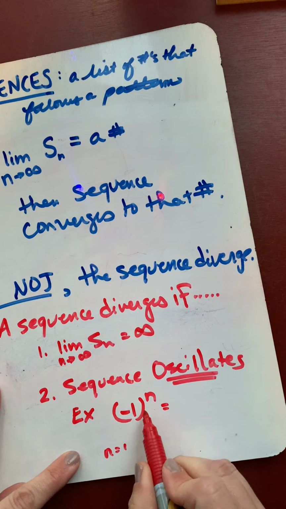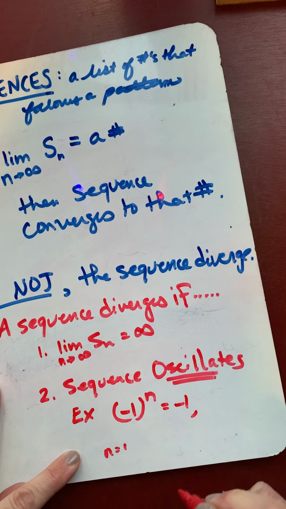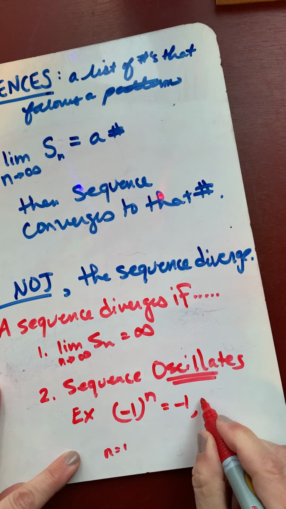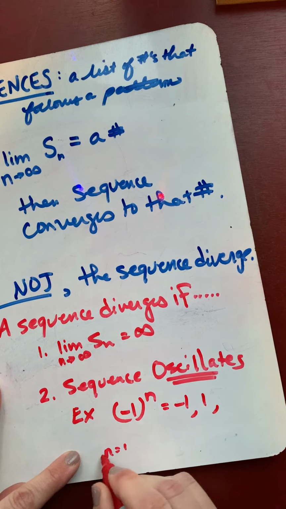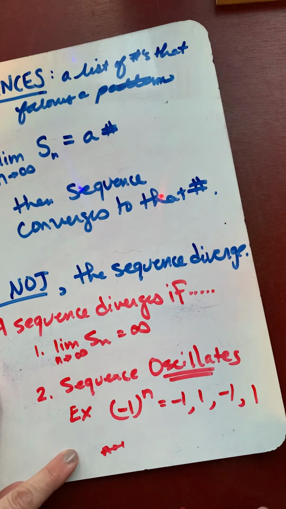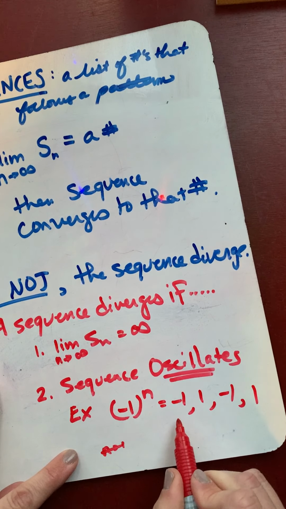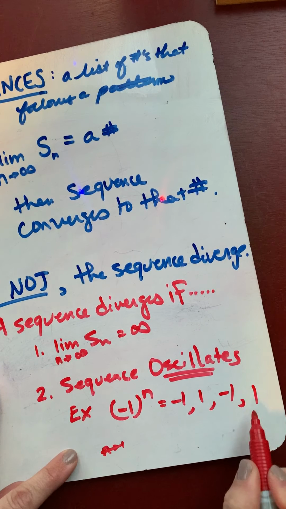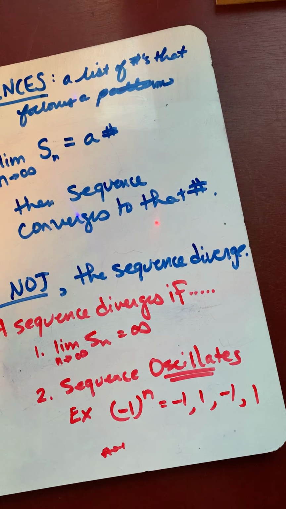When n equals 1, this would be -1. When n equals 2, I would have +1. If n equals 3, I'd have -1. If n equals 4, I'd have +1. So that's what I mean by oscillates. Negative, positive, but I'm not getting closer and closer to a specific number.